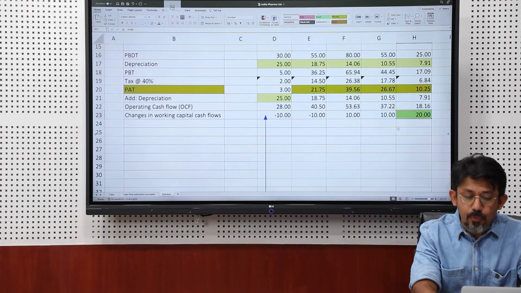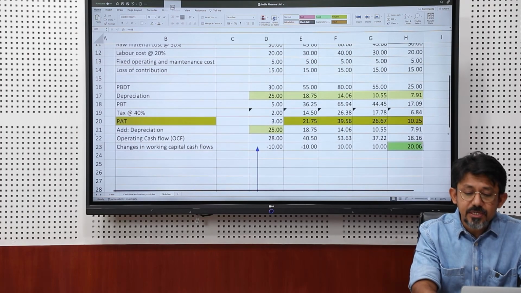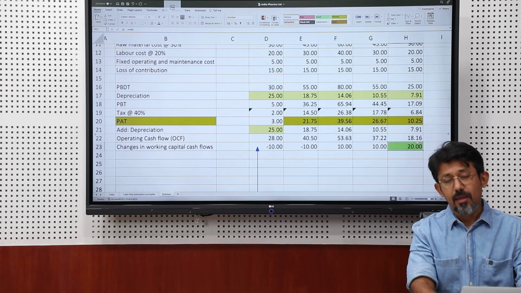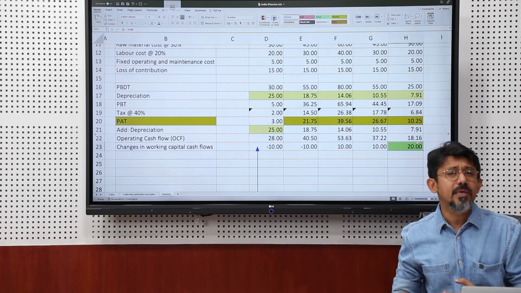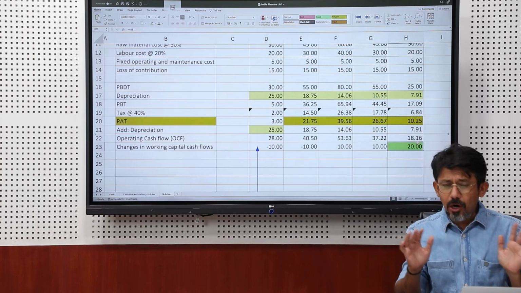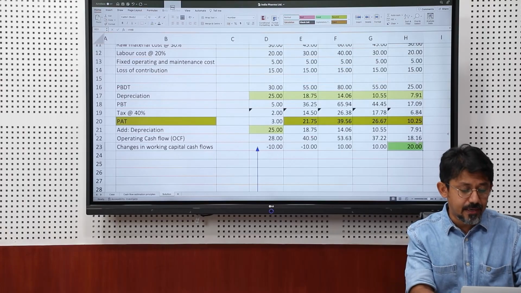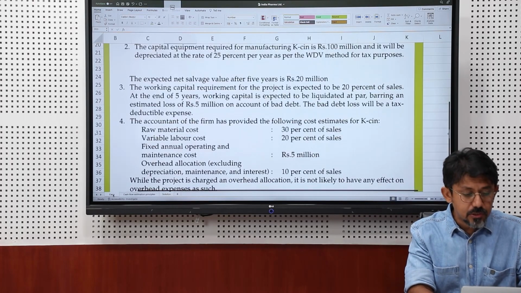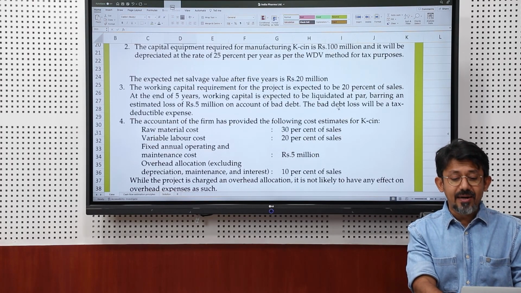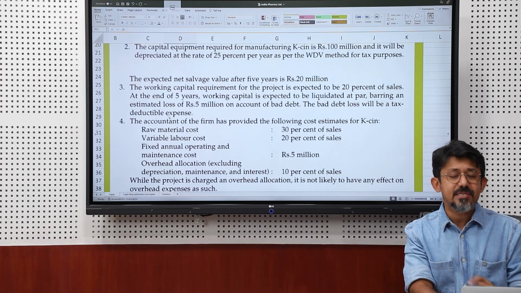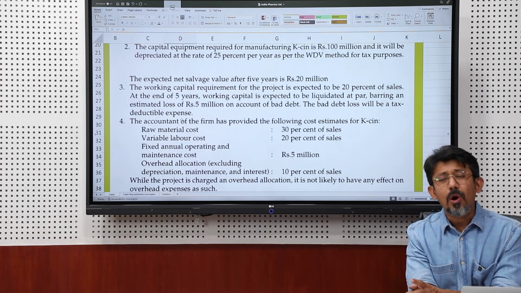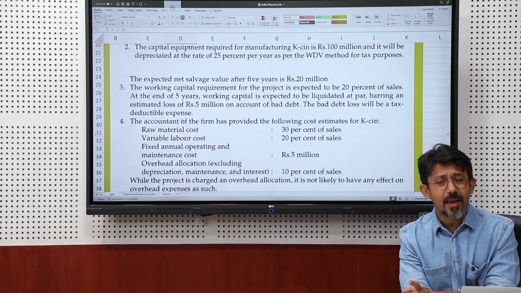I have written 20 over here instead of writing 15, because the amount that came back to me is only 15 million and not 20 million, 5 million was bad debt. If you read the case, you are also told that the bad debt loss will be tax deductible expense. Now, what do I mean by a tax deductible expense?